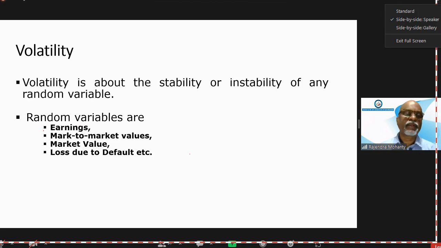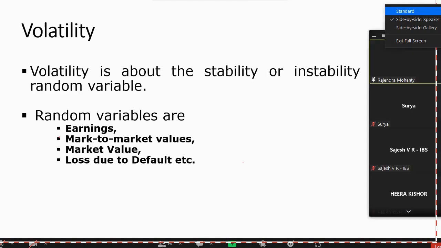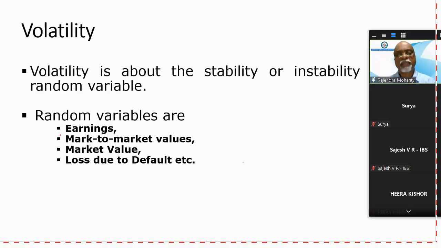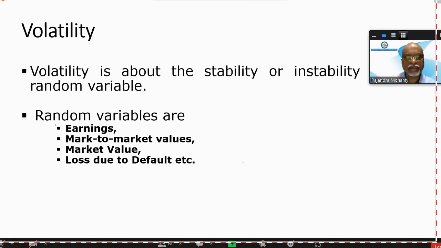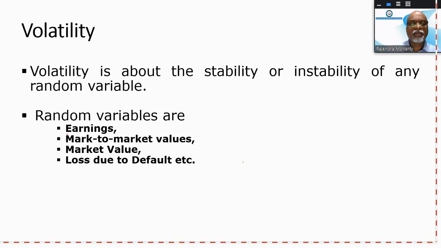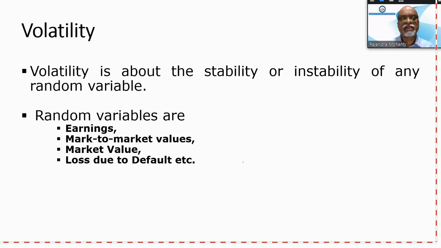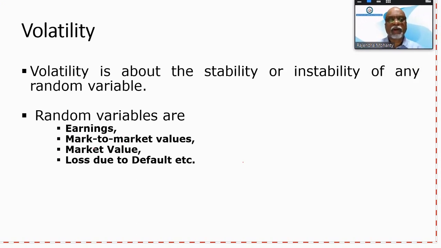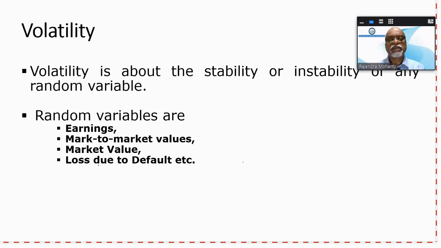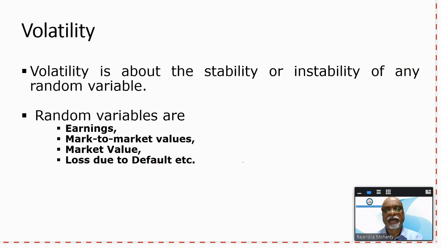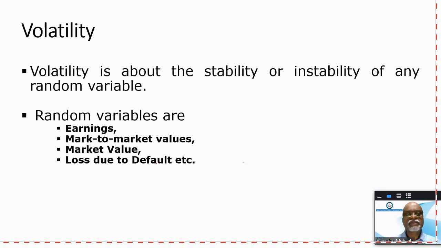Basically, when we are talking about risk means earning is the main concept. So whether we are making a profit or loss. So how much that earning is volatile, how much mark-to-market values are volatile, how much the market value of the security is volatile, and how much loss due to default by the counterparty brings us the volatility in the income. So this is the way volatility is measured.